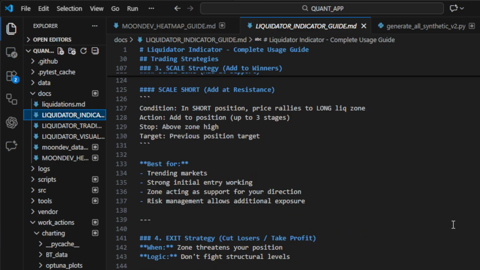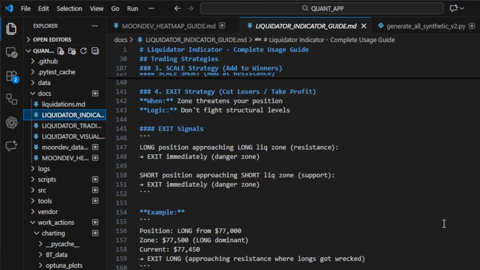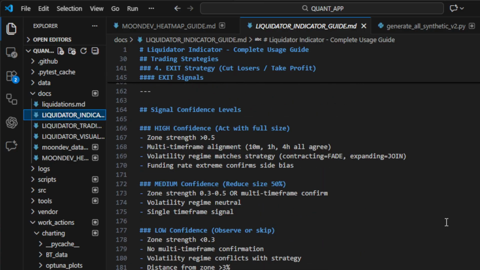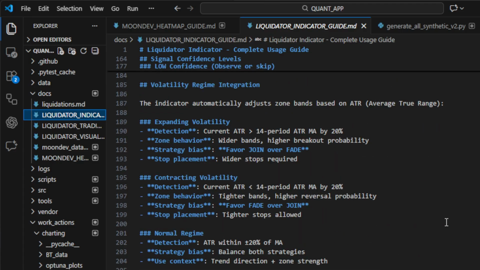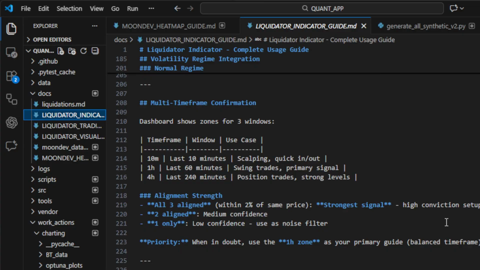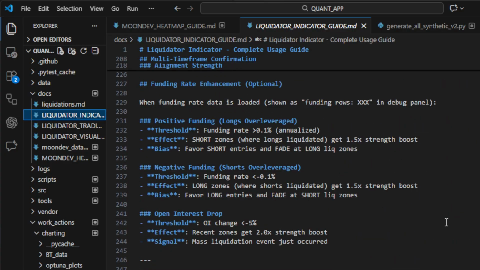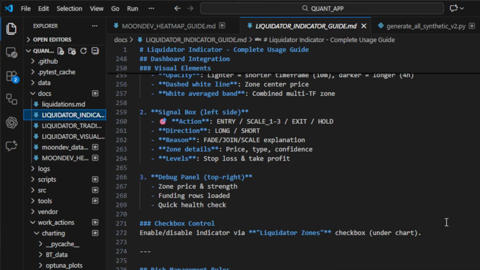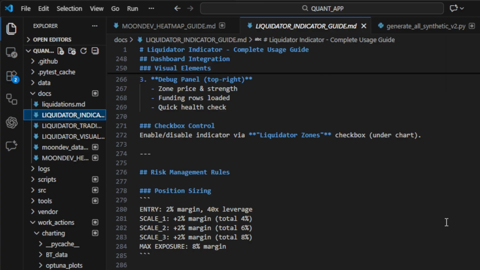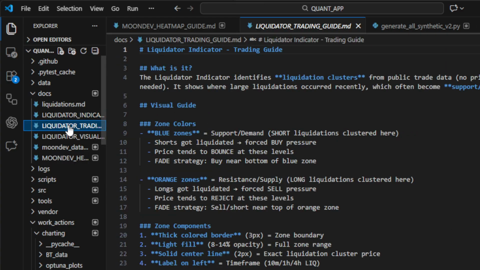So this is all about the Liquidator Indicator, the free part guide. It has nothing to do with the MoonDev API. This is the first build. So if you want to read it, go ahead. It's on the GitHub page.